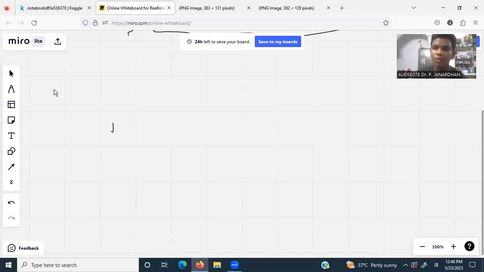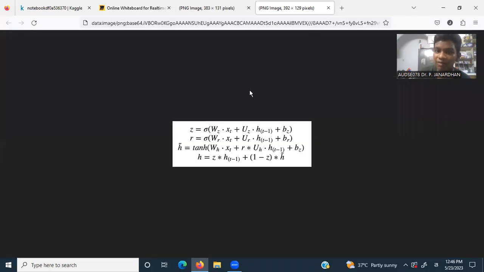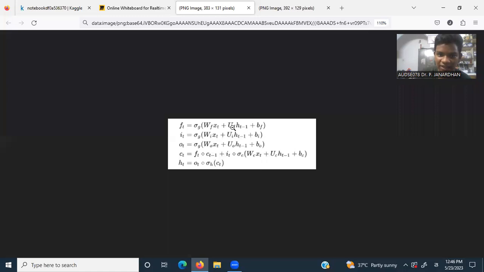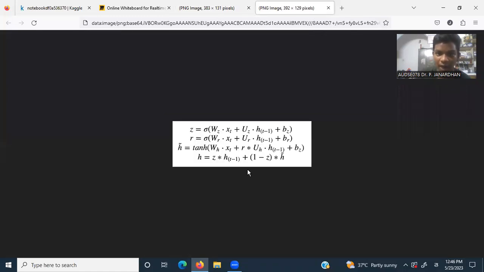So the RNN might not be able to give importance to the important features. It cannot find what the important features are. In GRUs and LSTMs, that is the problem we are solving, and that is why they are better to some extent. This is the GRU, and then this is the LSTM. I'll explain what is happening here.